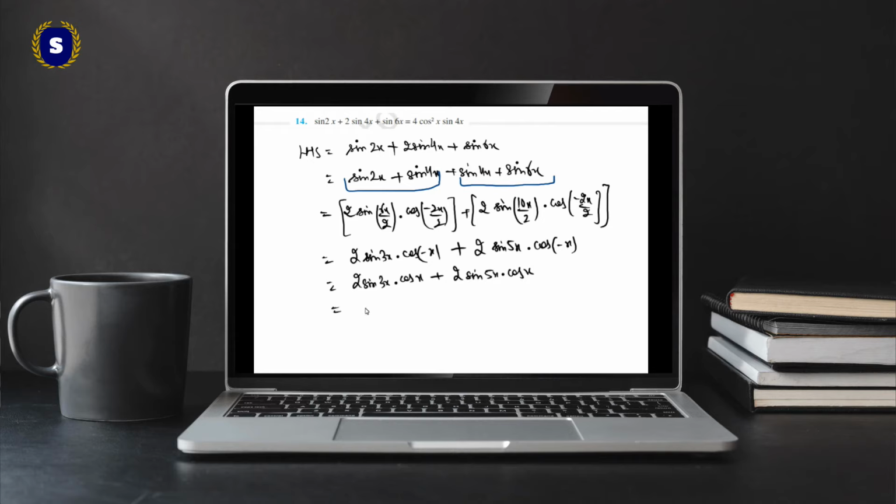Taking 2 cos x common, I'll get sine 3x plus sine 5x. Okay, so using same identity, it is 2 sine A plus B divided by 2, that is 8x divided by 2, and cos A minus B, that is minus 2x divided by 2.